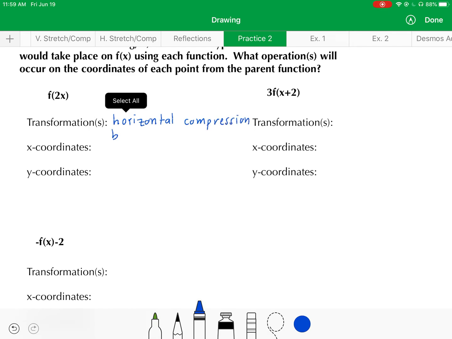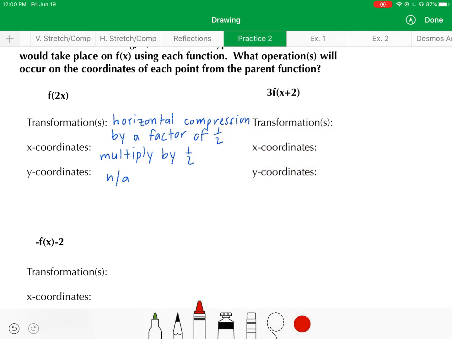And it would be by a factor of 1/2. So that means your x coordinates are being multiplied by 1/2, and your y coordinates are not going to change. Okay.